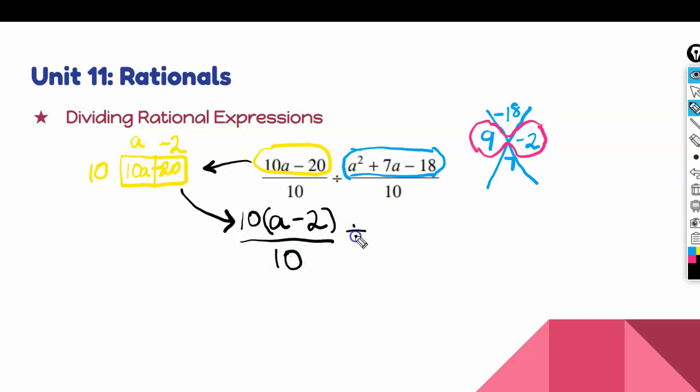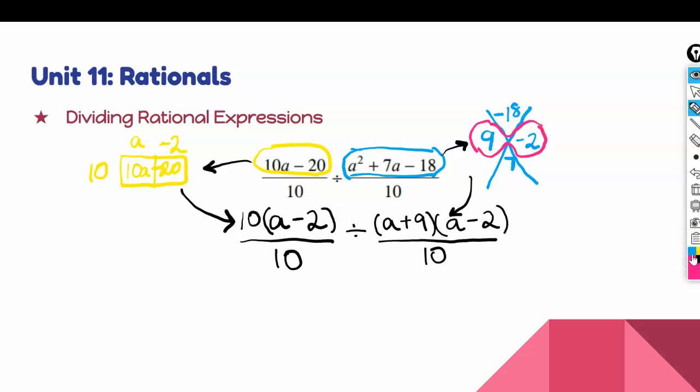I still have the division sign. Then here, I took this, I did this, and now I'm going to use that to rewrite this. I'm going to have (a plus 9)(a minus 2), and then a 10 on the bottom. Okay, haven't divided yet. All we did is rewrite things, factor things, so that when we divide, it's super satisfying and things cancel out.